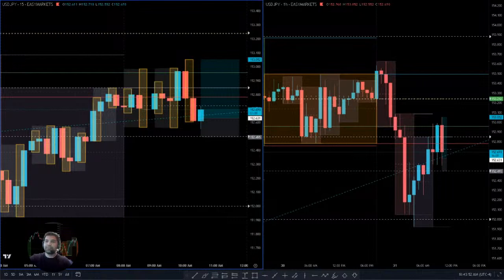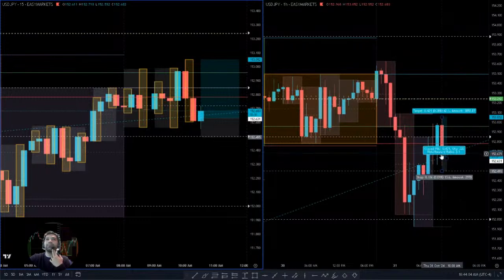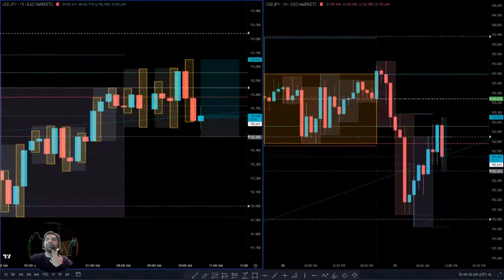Guys, price has stopped. It is literally not even moving right now. And the scariest thing is that it has stopped being bullish. See how it came back down?